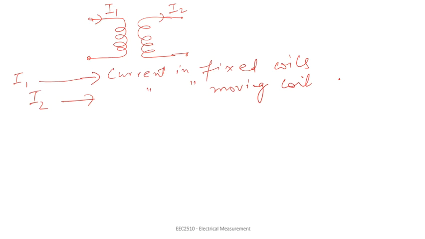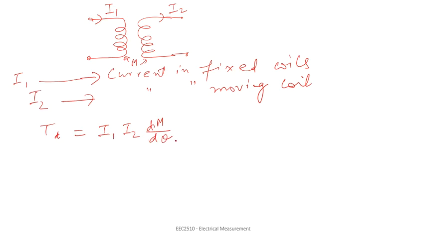Okay, and let us suppose the mutual inductance between these coils is represented by M. If these are the variables, then the deflecting torque, which can be represented by T subscript D, will be I1 I2 dM over d theta, where theta is the deflection.